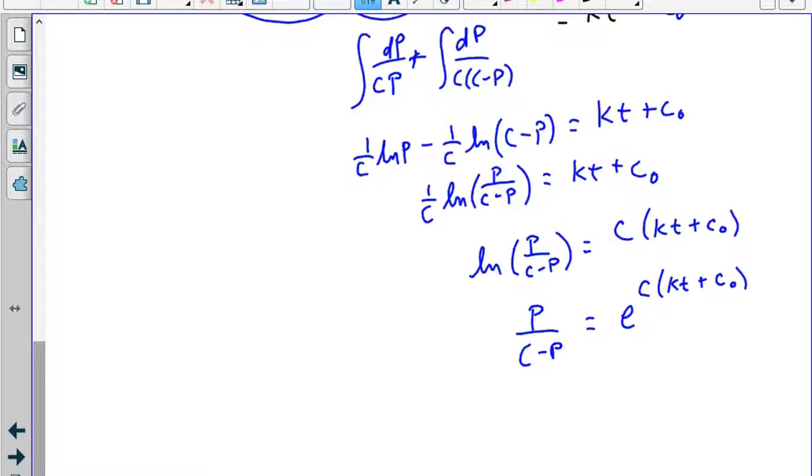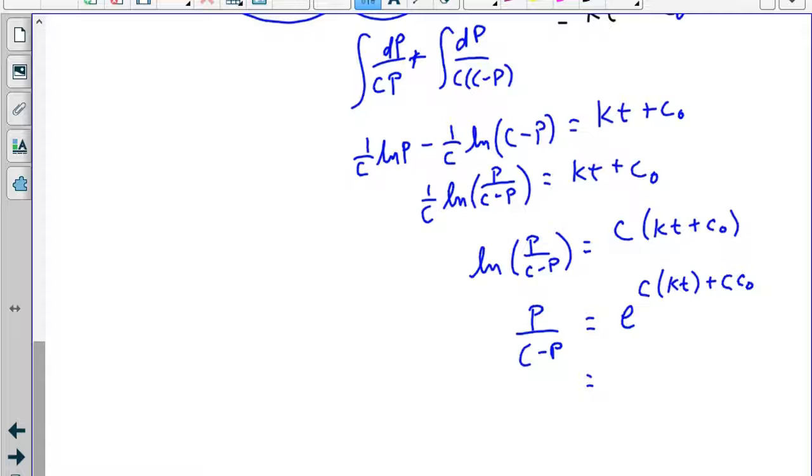So now what I'm going to do is multiply both sides by c minus p. Notice that CKT is something that I can have here, and then I can change this to c times that constant.